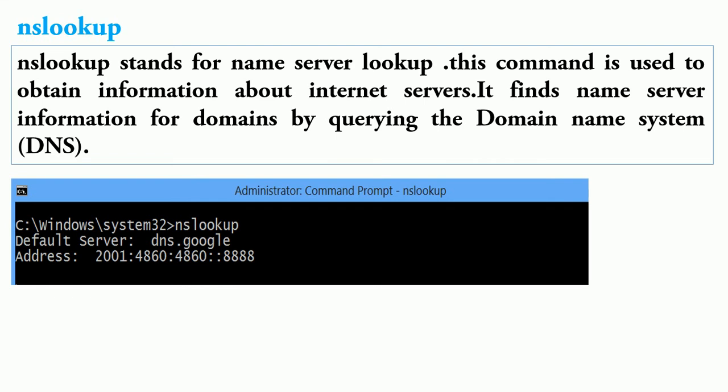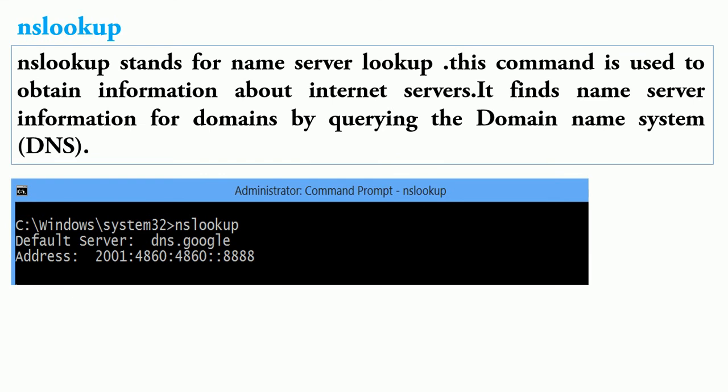If you write simple nslookup, where it is not connected, it shows dns.google if it is connected with Google Chrome. Otherwise, sometimes it shows unknown server, and if you connect with Yahoo, then it will show Yahoo.